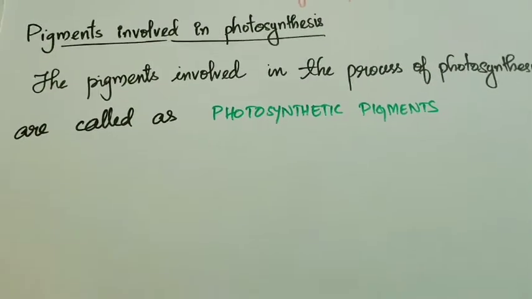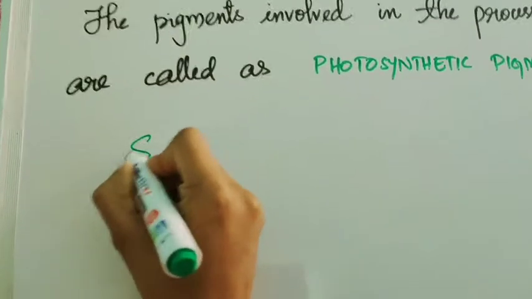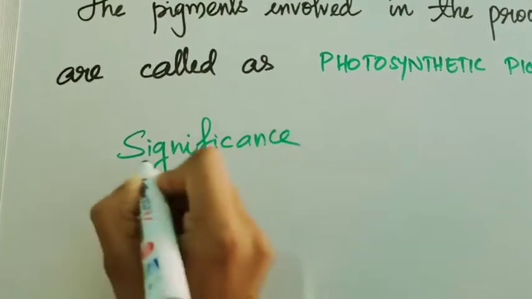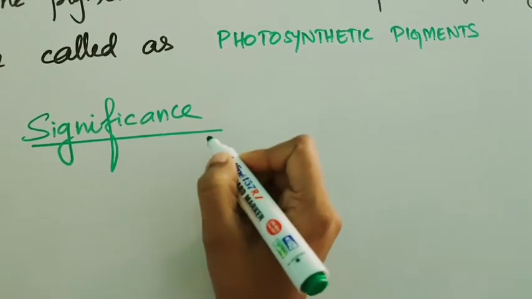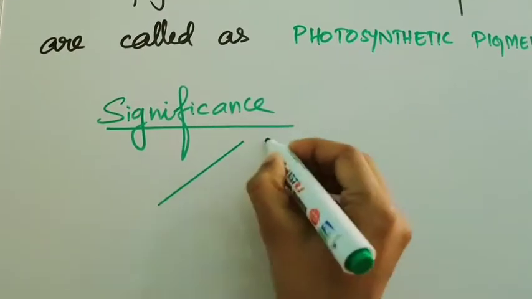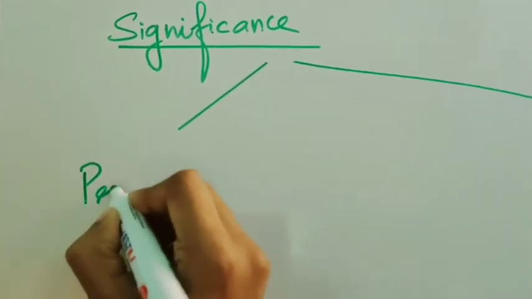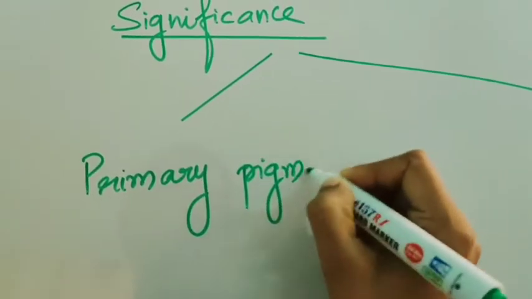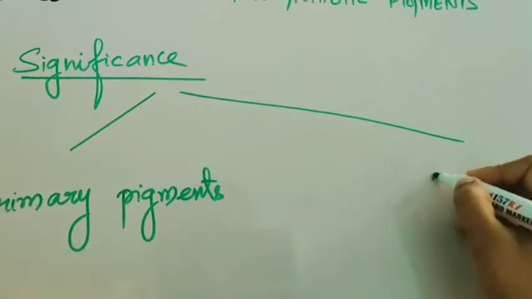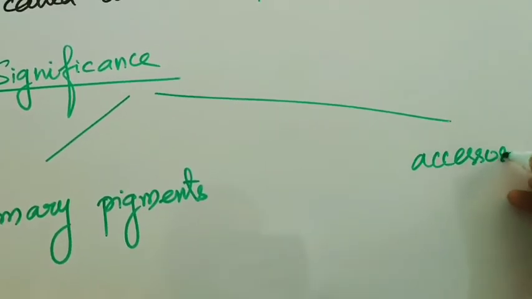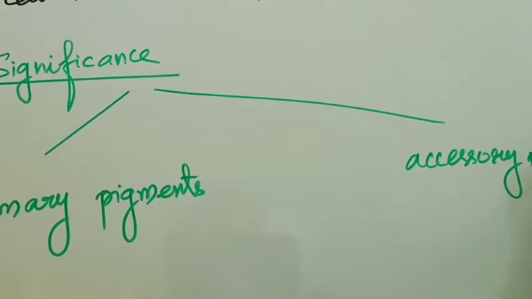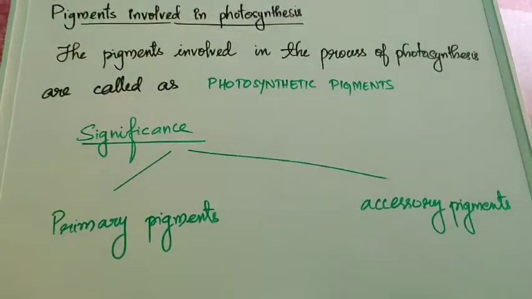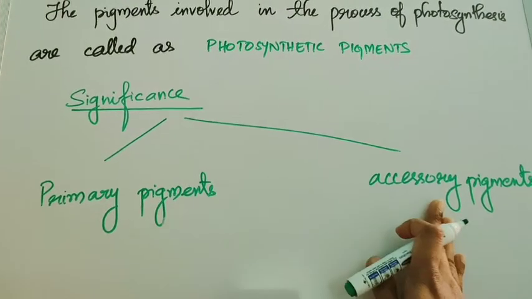Now, based on the significance of these pigments, there are basically two types of photosynthetic pigments: primary pigments and accessory pigments. Based upon their significance in photosynthesis, there are two types, primary pigments and accessory pigments.